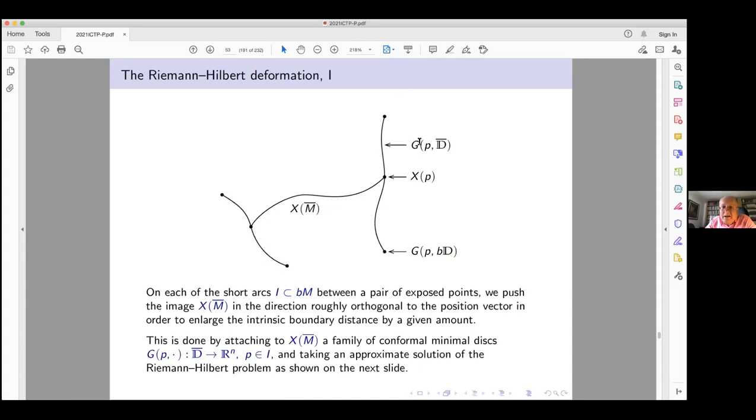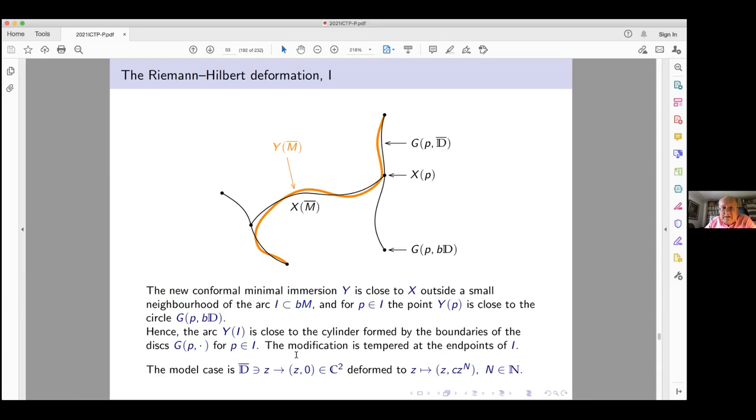So this G is a minimal disk, which is attached so that 0 goes to X of P. Okay, so I have such a picture. And in fact, P varies in an arc. So on each short arc between a pair of exposed points, I choose a continuously or smoothly varying family of such disks.